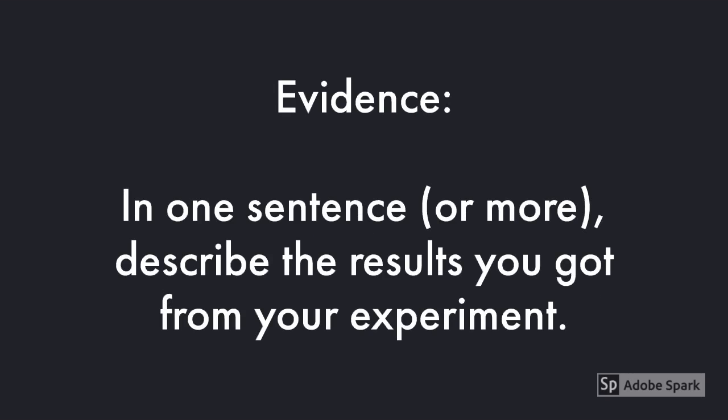The second part of your conclusion is the evidence. So just in one sentence, or more if you need to, quickly describe the results you got from your experiment. What happened? Just in word form, not in numbers, not in a graph. You're going to put it in words.